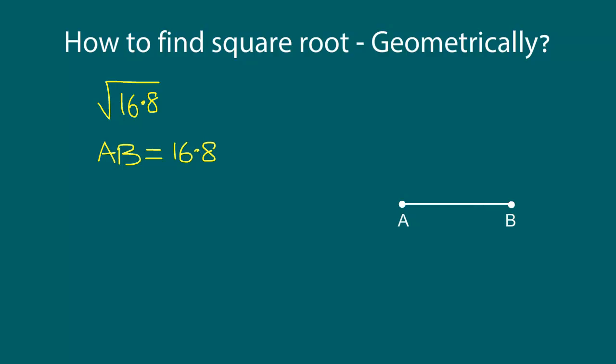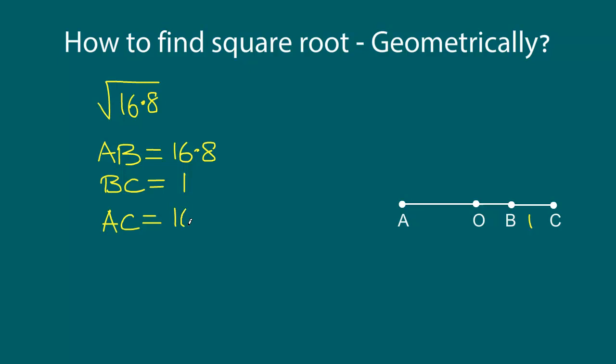Then we are going to extend the line AB to point C such that BC is 1. After that, we are going to find the midpoint of the entire line AC, and we call the midpoint O. So AC right now will be how much?